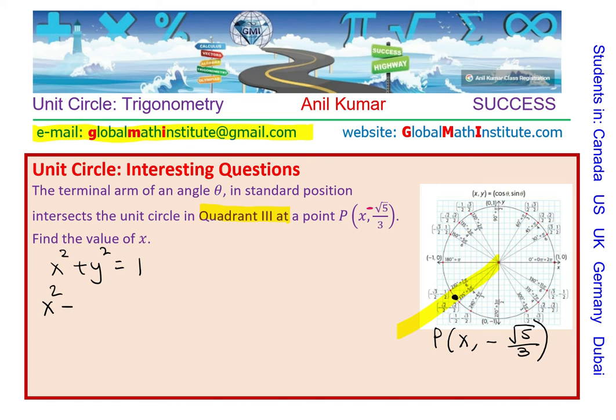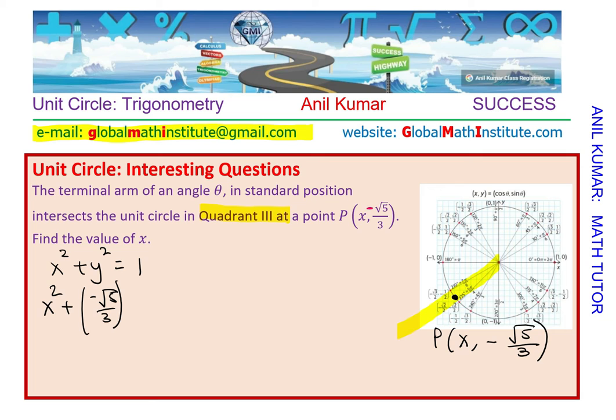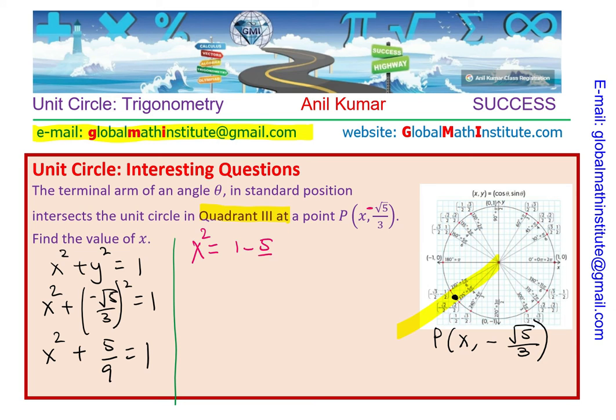So x square plus minus square root 5 over 3 whole square equals 1. X squared plus 5 over 9 equals 1, correct? We can rearrange and then write the value of x squared as equal to 1 minus 5 over 9, which is 9 minus 5 over 9, or 4 over 9, correct?